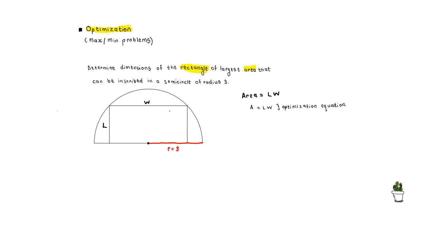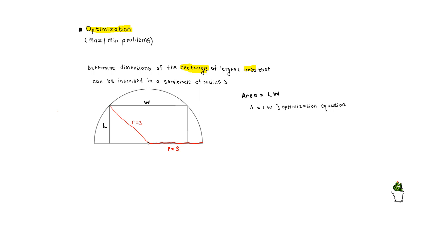The one we have right now is not helping us very much. But we can see that this radius can rotate along the circumference of the semicircle, and a useful radius to label would be one from the center to the corner of this rectangle. This is a useful radius to label. So this is radius r equals 3 units.